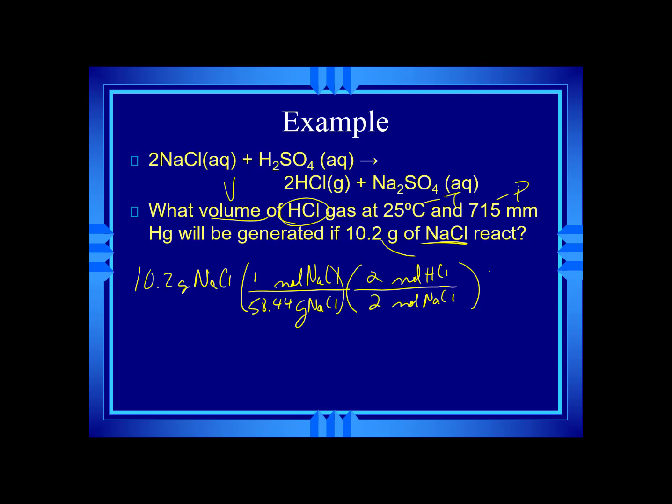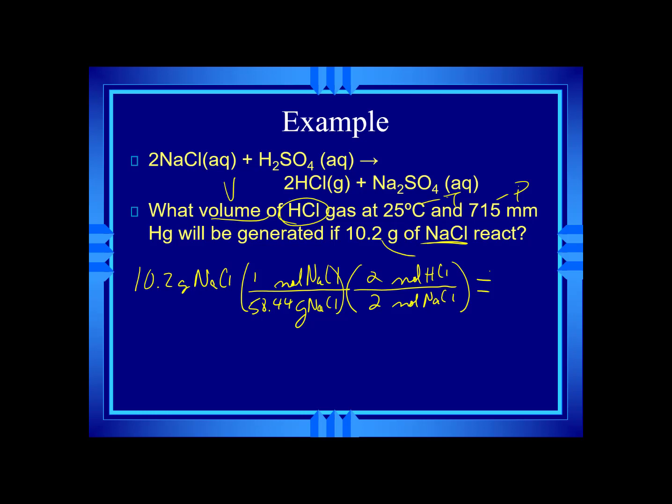That's 2 and 2 out of the balanced equation. And what you'd like to do is get rid of moles of HCl and turn it into liters of HCl, and you'd like to write 22.4 liters here, but you can't because you're not at STP, so you cannot do that conversion factor. You have to stop and figure out how many moles you have.